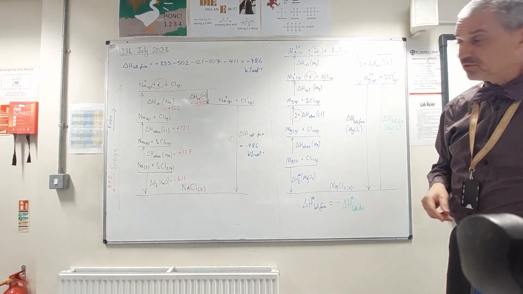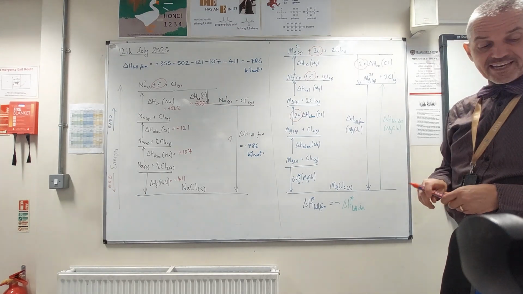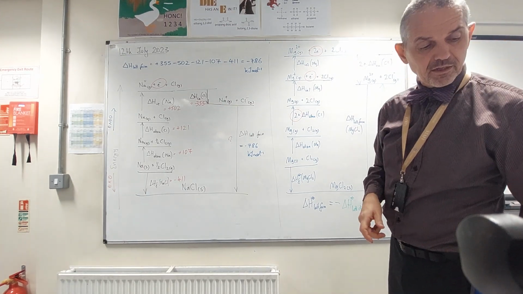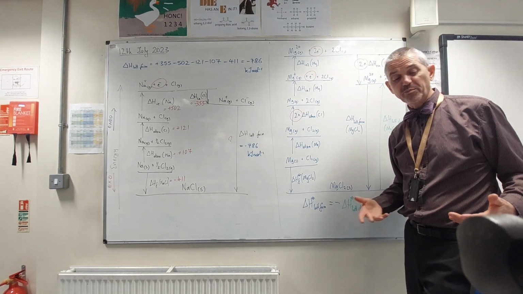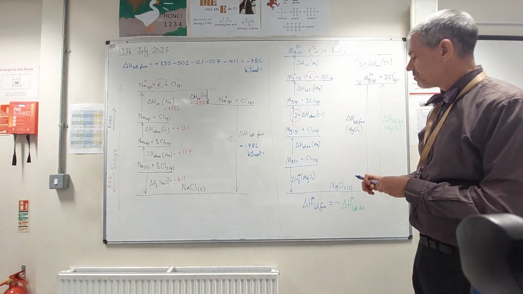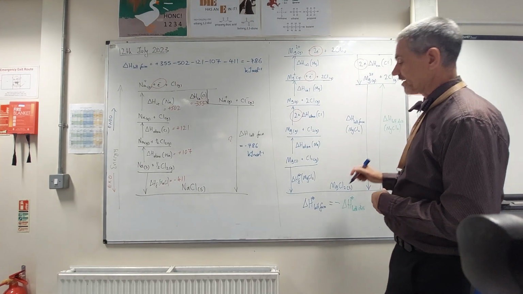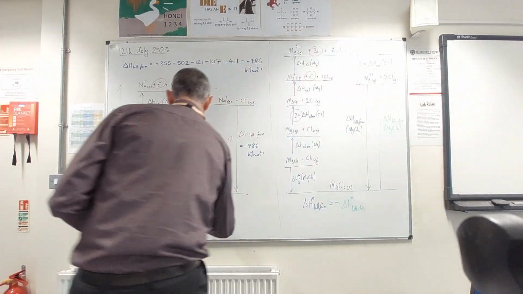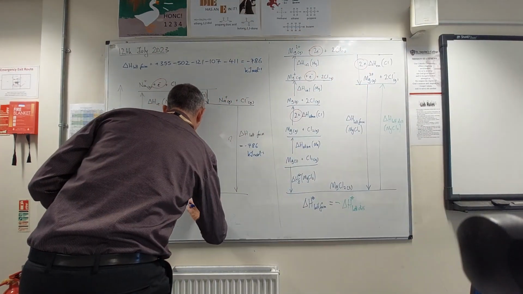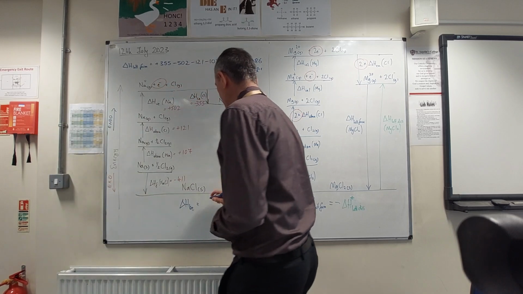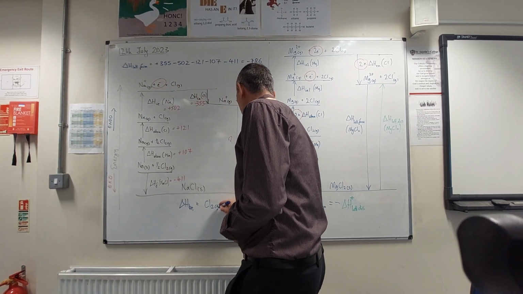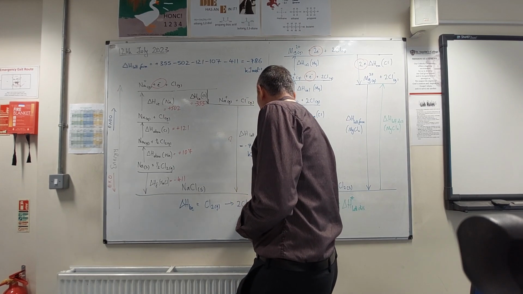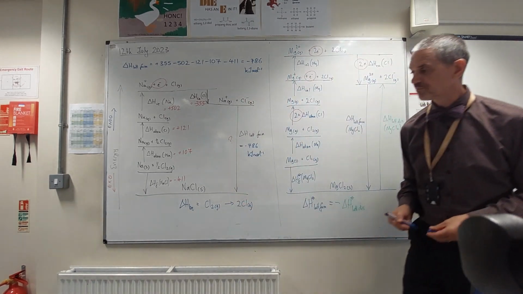So for example, if they gave in the data for this one the bond enthalpy of Cl2, the mean bond enthalpy for Cl2 would be Cl2 reacting to make 2 chlorine gaseous atoms.